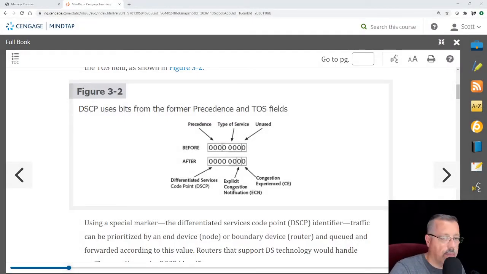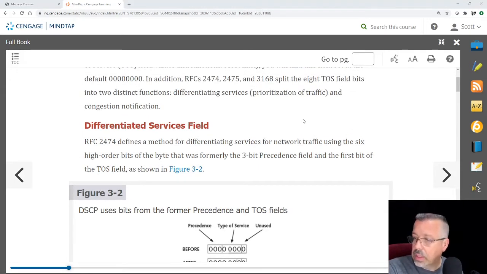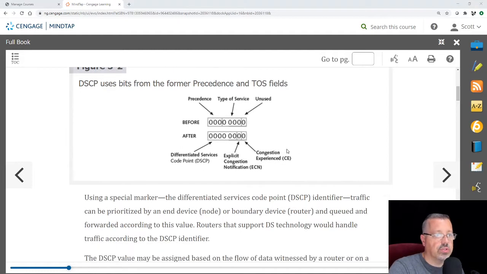All right, we're going to talk about DSCP, and I'm on page 106. I'm at the top of 106 for the differentiated services field. We're not going to talk too much about the old TOS fields. We used to have 3 bits of precedence and then 4 bits of TOS, type of service.